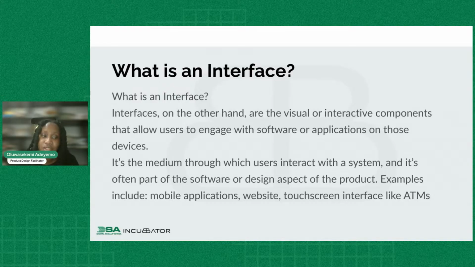If it's a TV, the hardware we're using is the remote to click on the OK on the TV, or exit on the TV, or maybe show settings on the TV. I hope that explains. So interface is the medium through which users interact with the system, and it's often part of the software or design aspect of the product.